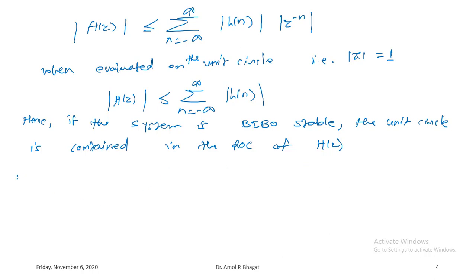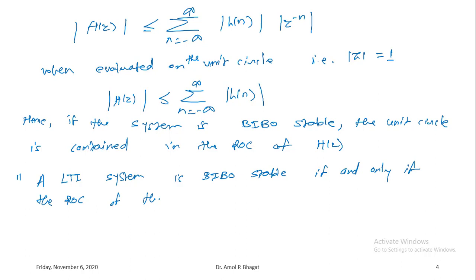So again we can state here that an LTI system is bounded input, bounded output stable if and only if the ROC of the system function includes the unit circle.